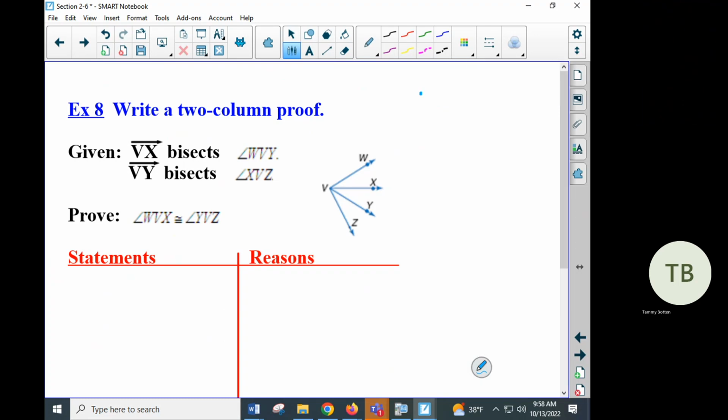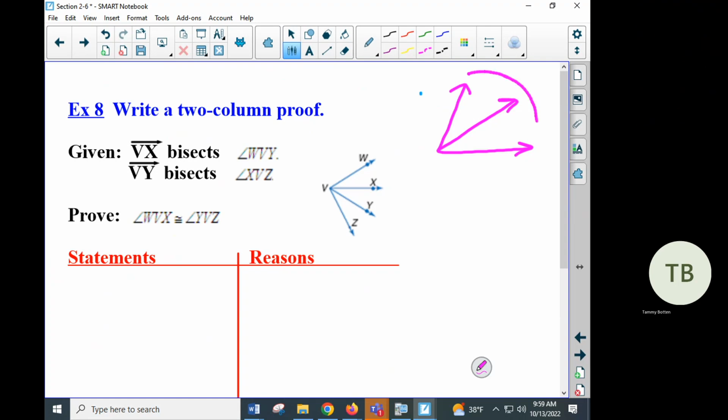This one is dealing with an angle bisector, and I don't know how much we've talked about an angle bisector, if at all. But an angle bisector would be an angle that cuts an angle, or I'm sorry, a ray that cuts an angle in half.